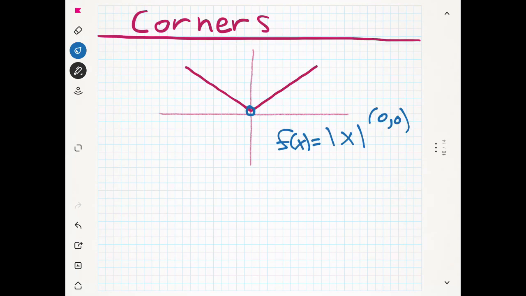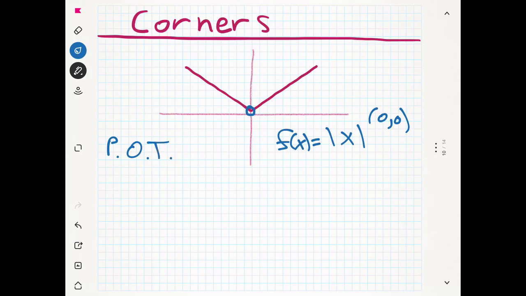All right. And the reason why this is not differentiable is that, remember, differentiability deals with the slopes of tangent lines. Tangent lines can only intersect a graph only once locally. And the point that they intersect at is called the point of tangency, or POT. Point of tangency, right?